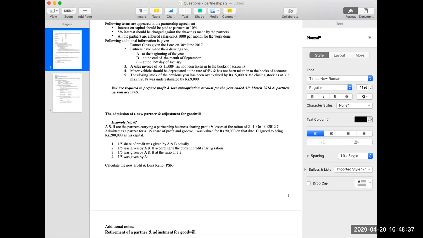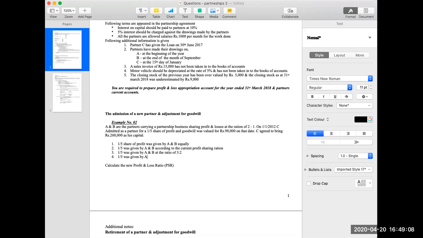That is 2 out of 25, which is coming for B. So then what you have to do is, this is how they are sharing the profits, sharing the new profit share of C. Once you calculate these figures, now you have to deduct this calculated amount from the original profit share.